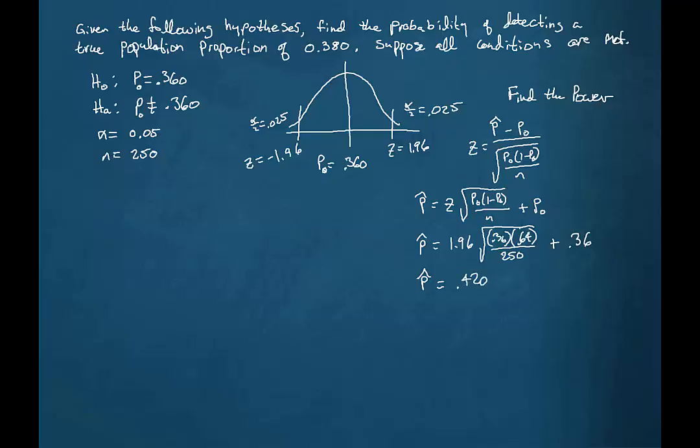If we do this same calculation and let z be minus 1.96, we would then wind up with a left. So I'm going to put a little L there and a little R here for right. Our left value would be 0.300.